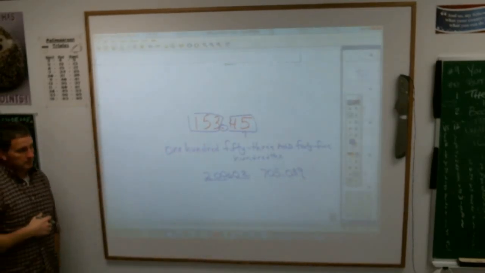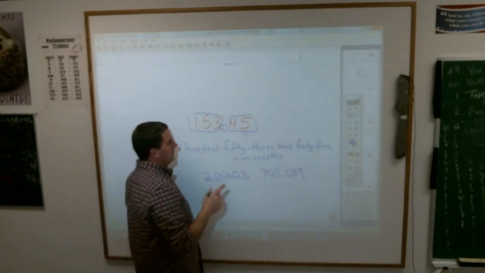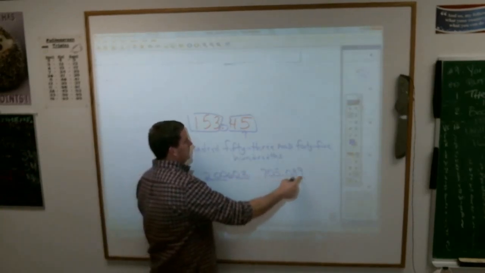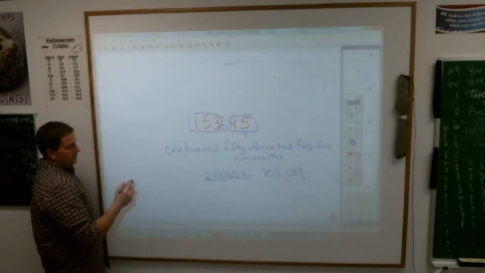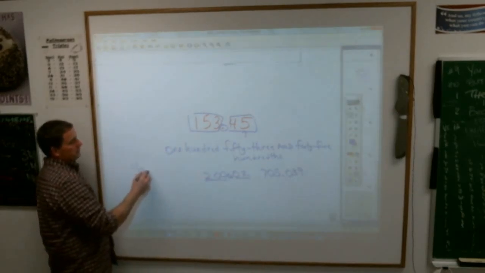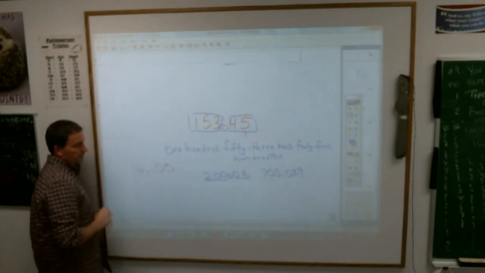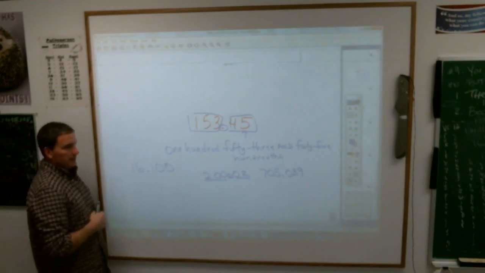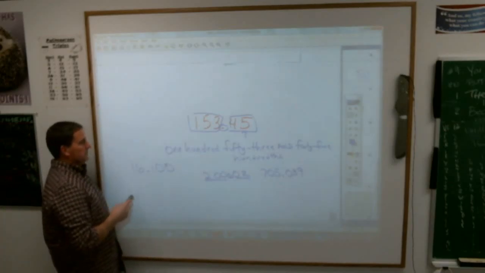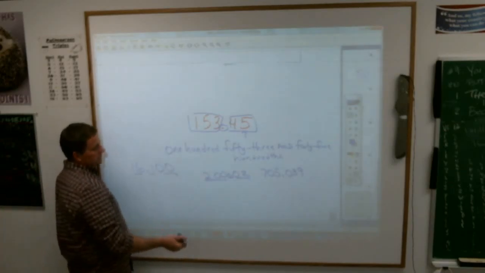Saying that one there, Kate? 705 and 35 thousandths. Very good. How about this one? It's 16 and 100 thousandths. No, 16 and 100,000.